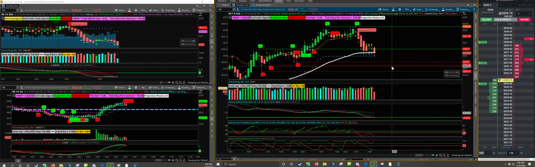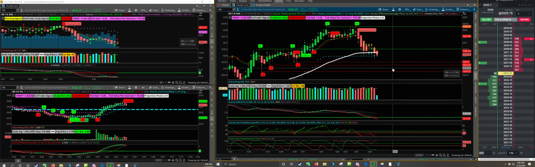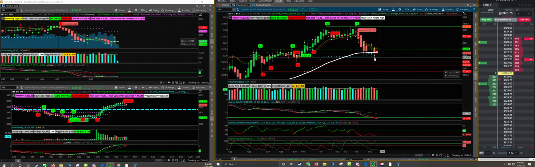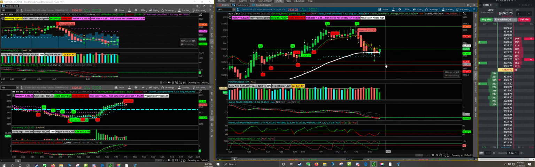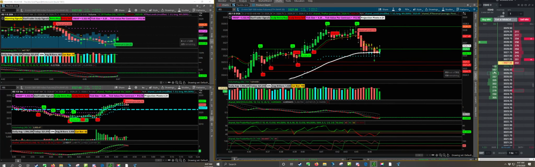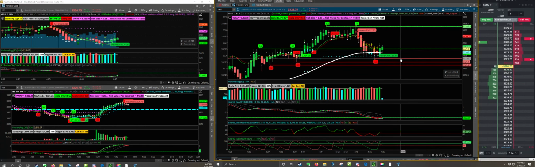Stop filled. Okay. So we are testing that cyan right now. We got a wedge forming. Stop filled. You can take this if you want the reversal, 27 long.